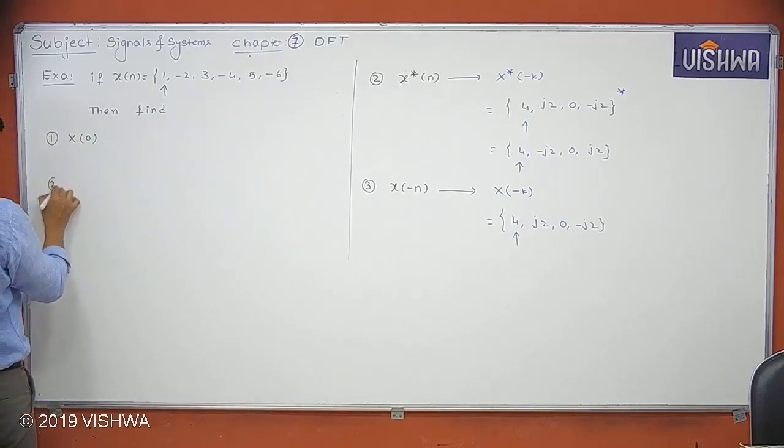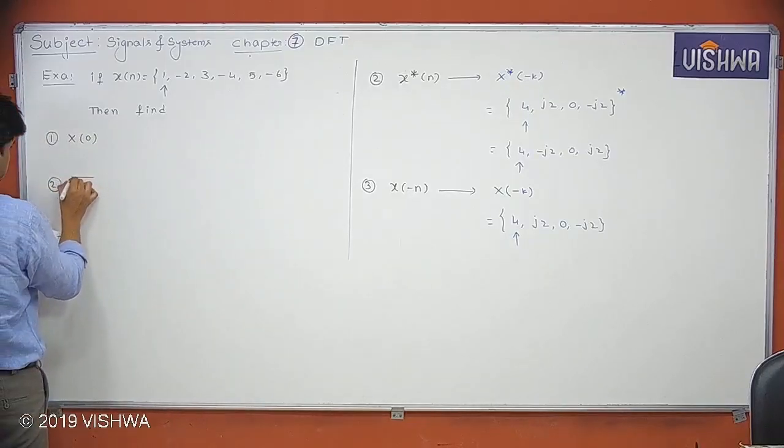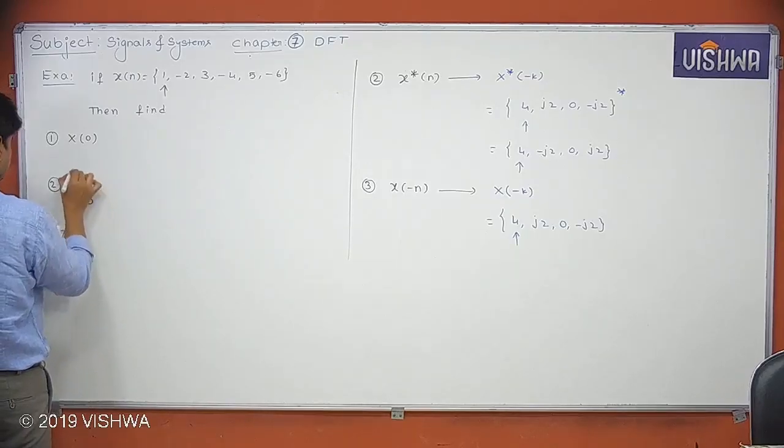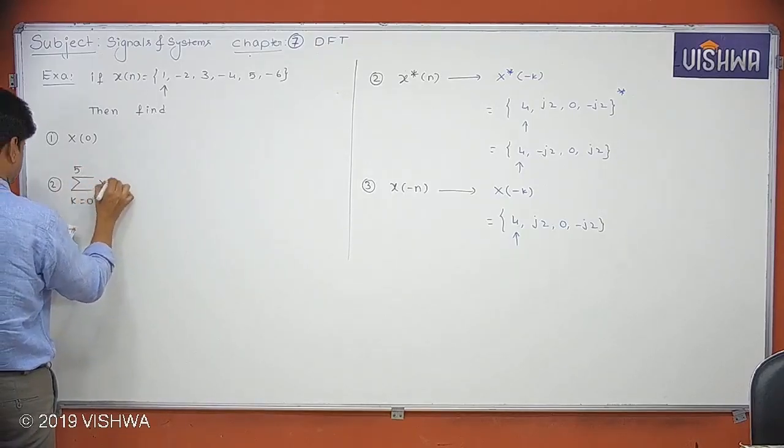Second question, summation k equal to 0 to 5 of X of k.